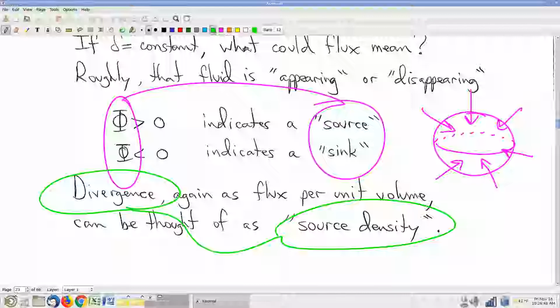Because otherwise, with stuff flowing in, it's got to accumulate in there. The density would have to be getting higher and higher, but it isn't. So this picture makes no sense if you have an incompressible fluid, unless you assume that it's somehow spontaneously generating or disappearing. So I'm not saying that it does. I'm saying that if you don't assume that it can, then you can't draw this picture.